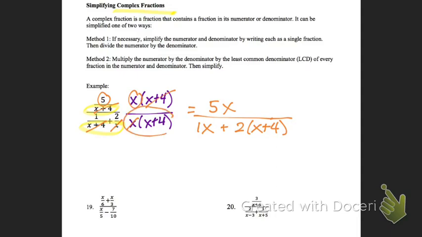So essentially what I did is I took this fraction and I distributed it to both fractions, like the left and the right. Let me use maybe different colors. The x plus 4s canceled here, and I was left with a 1 and an x. But then on this fraction, the x's canceled, and I was left with 2 and x plus 4.